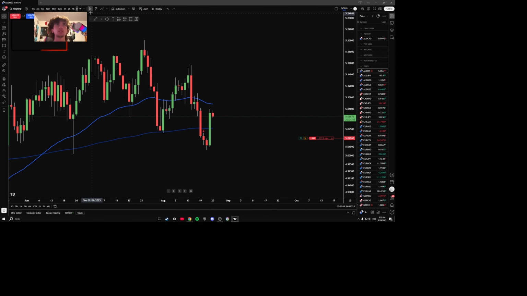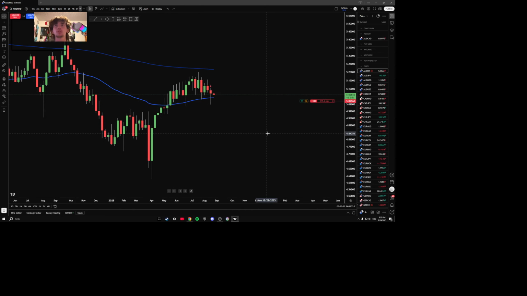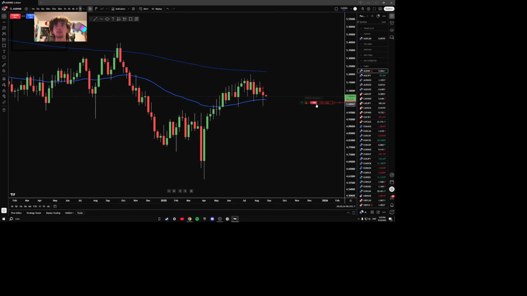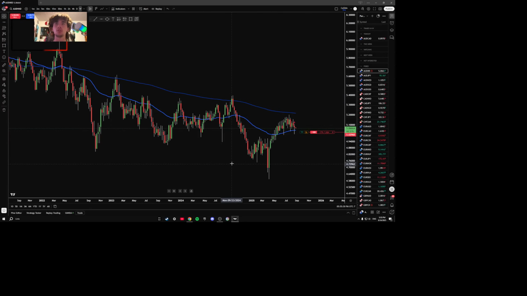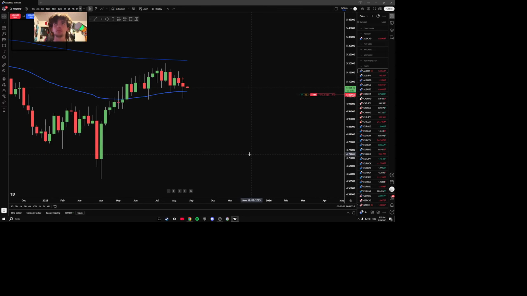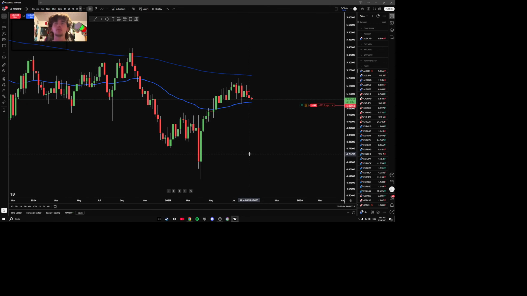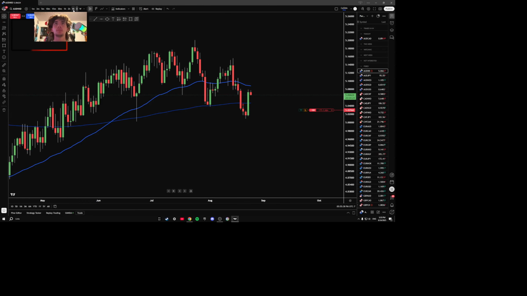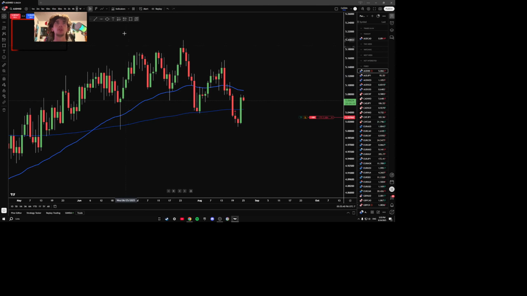AUD HKD. So this is one of those new pairs. You can see I placed a 100, whatever they're called. They're not lots. Units, 100 unit trade. Way smaller than lots. Alright. I've never analyzed this pair, so let's get into it.